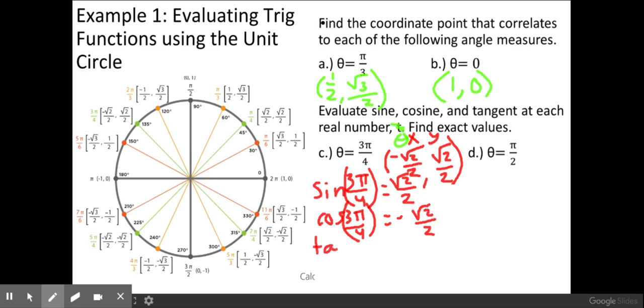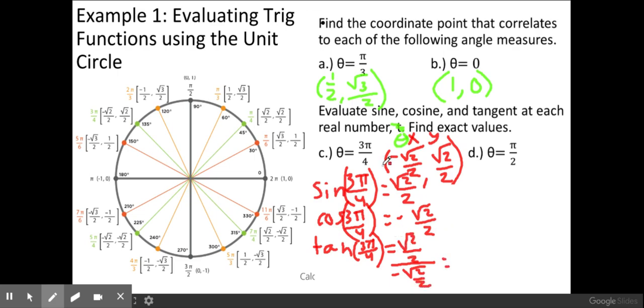For tangent of 3 pi over 4, it is y, so sine, divided by x. If you were to divide these two, y is the square root of 2 over 2 divided by negative square root 2 over 2.